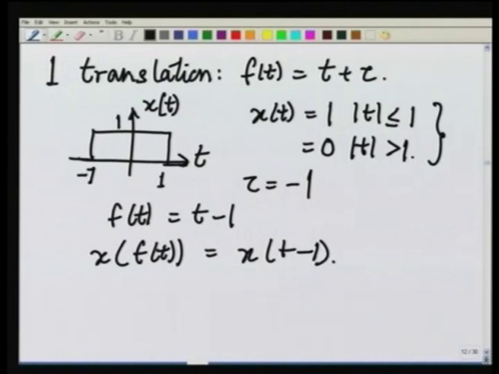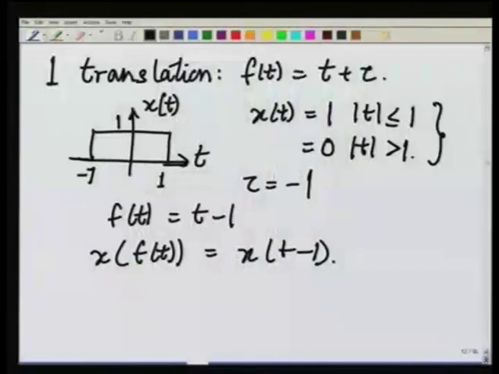This is the function we now require to plot. Now, how do we understand the manner in which x of t minus 1 is to be plotted? The answer is this. Look at the original x of t. Look at some salient points of x of t. The salient points are t equal to minus 1 and t equal to 1. These are the places where x of t undergoes a transition.